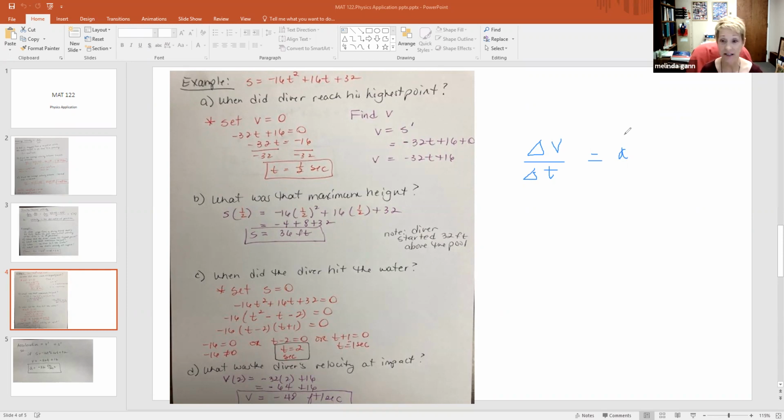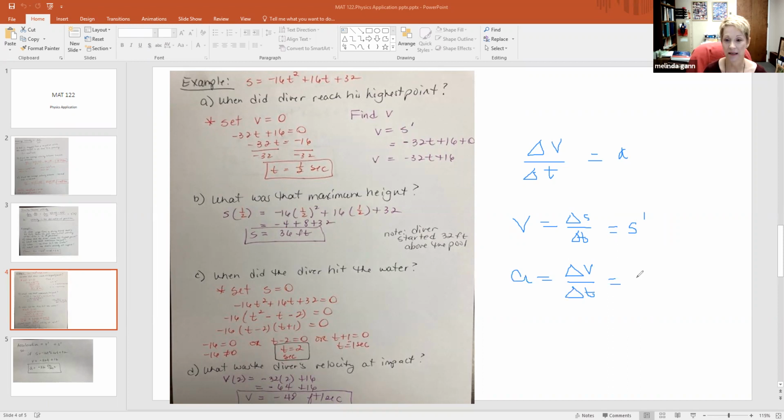Now, you can get average acceleration or instantaneous acceleration. Well, how do you get instantaneous acceleration? Well, remember, velocity was the change in position with respect to time. In other words, it was the derivative of S. Well, acceleration is the change in velocity with respect to time.